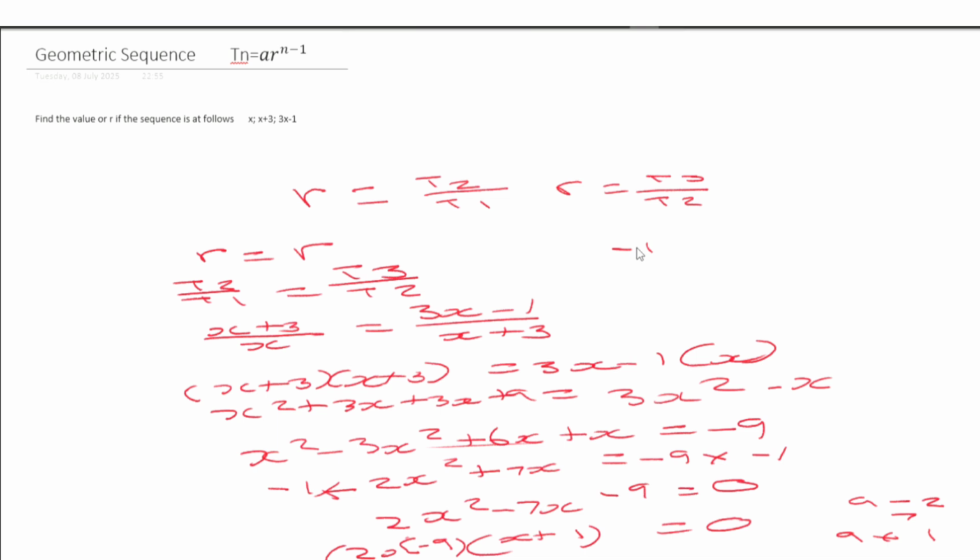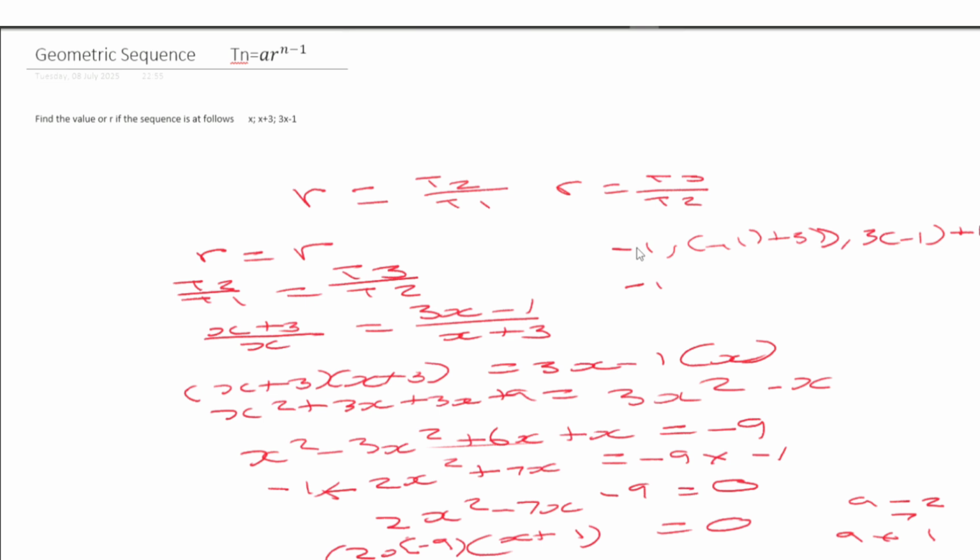The first x was negative 1, comma, negative 1 plus 3, and then comma, 3 times negative 1 minus 1.